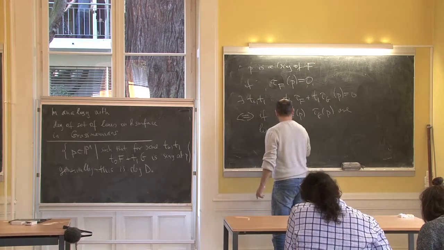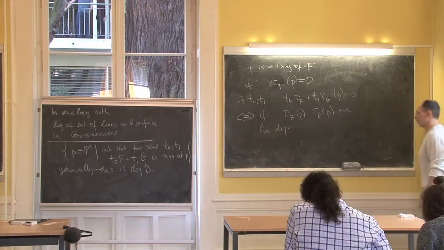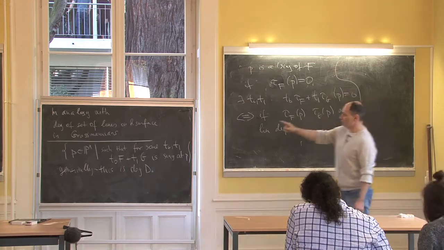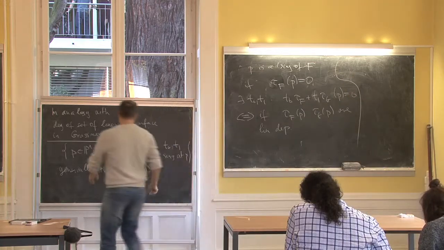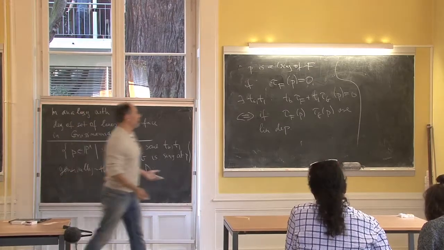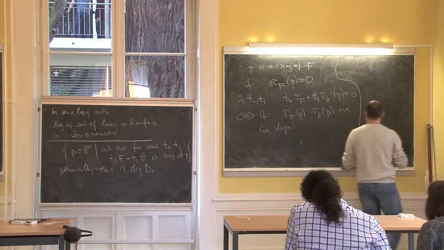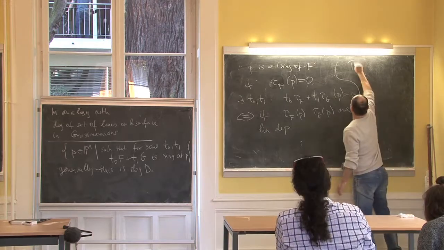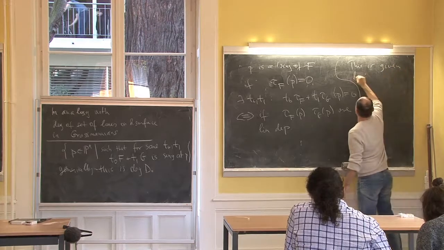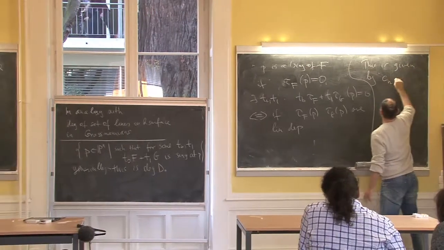Now we have a rank n plus 1 bundle, and we are looking for the locus where two sections are linearly dependent. And this is given by Cn, so one less.